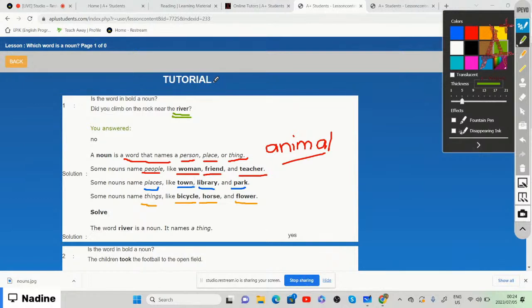So river is correct. The word river is a noun and it names a thing. So yes, it is a noun.